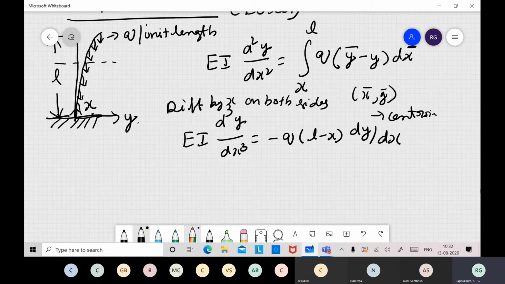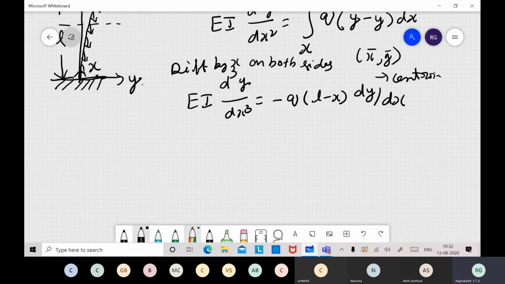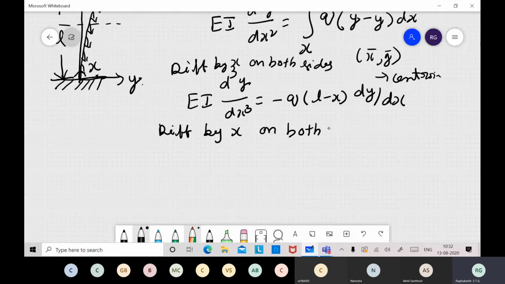So you will get this third order ODE, and if you differentiate once again by x on both sides, then you can directly write it in terms of a load.